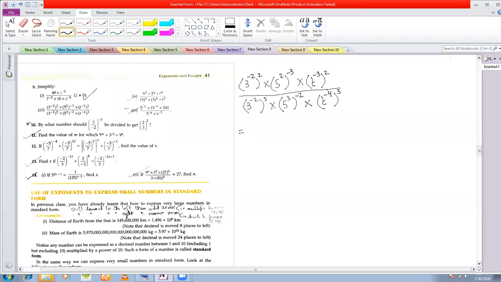So first we shall apply (a to the power of m) whole to the power of n is equal to a to the power of m into n to simplify the numerator and the denominator.